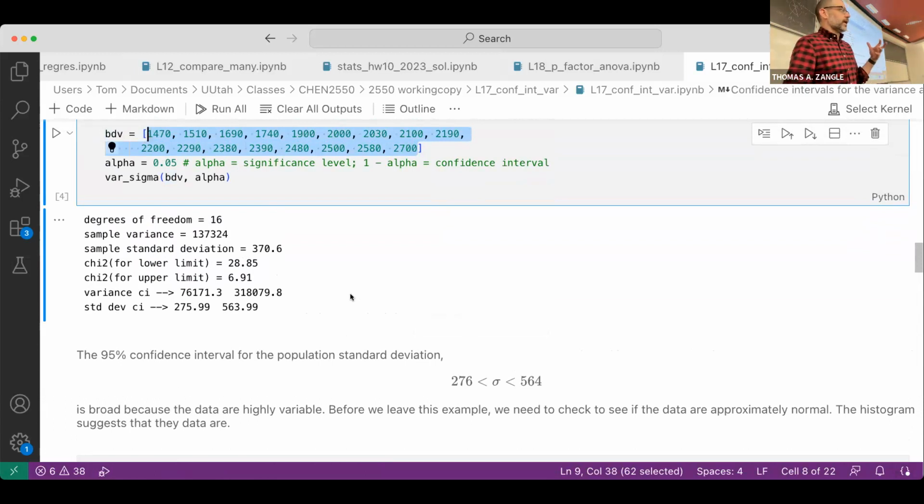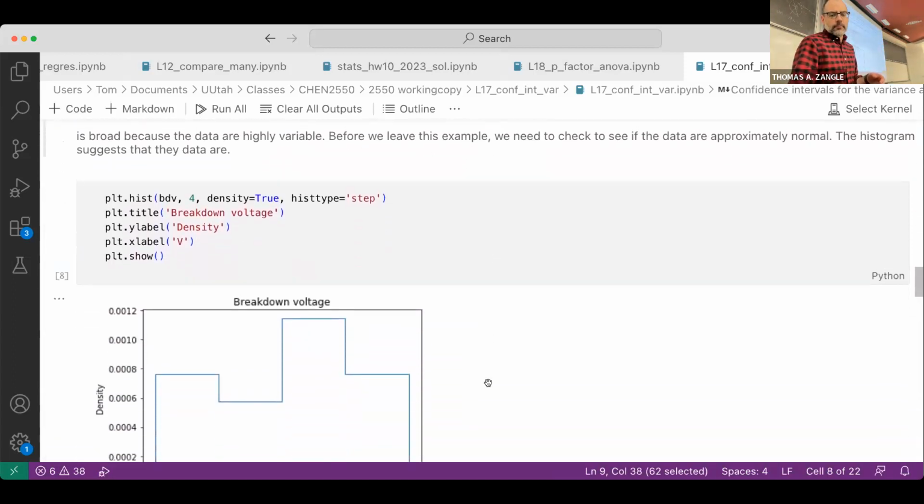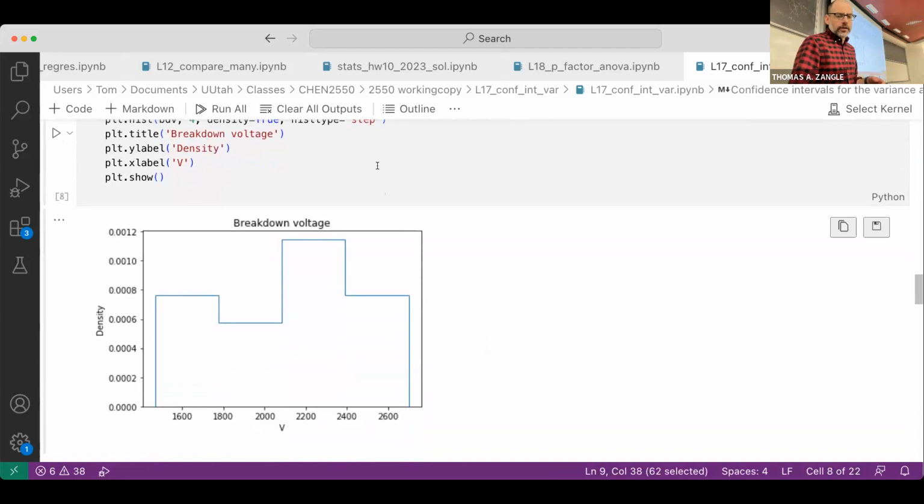It's also pretty broad because we had a low number of samples, and so we didn't have much power to nail down what this standard deviation really is. One thing to note is that this chi-square distribution assumes that the underlying data is normally distributed. As is often the case, when we don't have that much data, we're going to say that it looks enough like a normal distribution for us to satisfy this assumption. If we had a lot more data, we might have to revisit that.